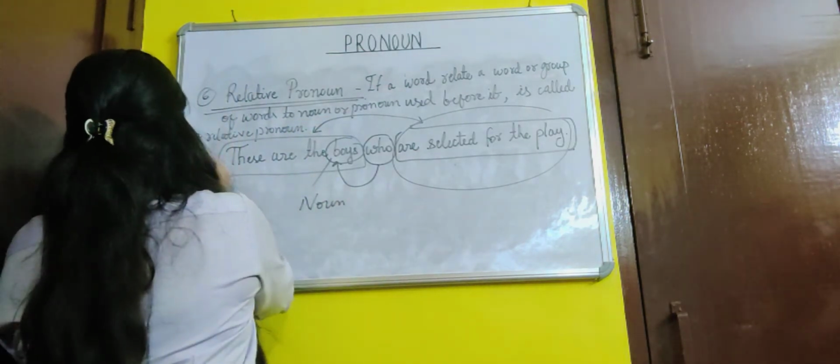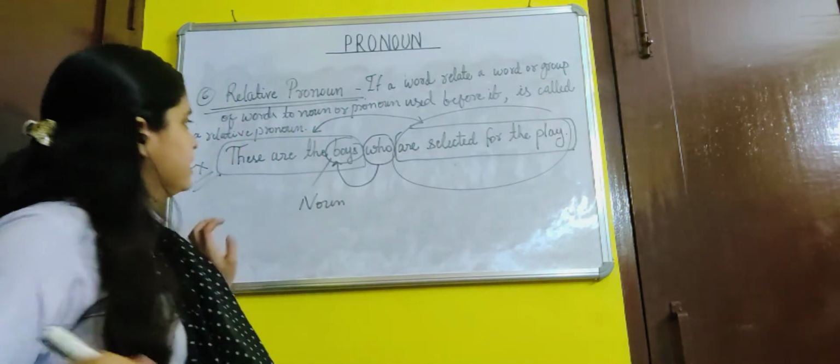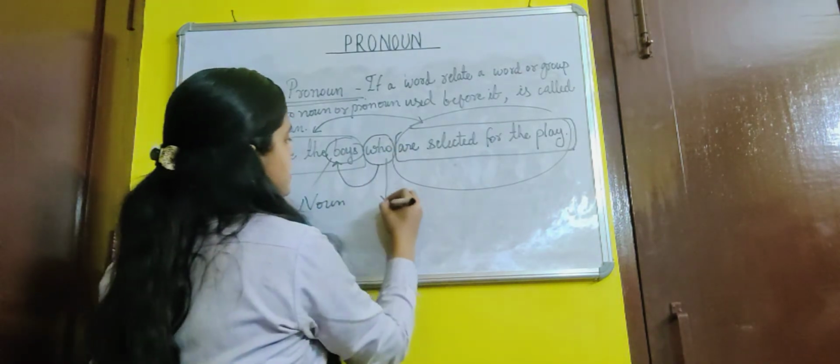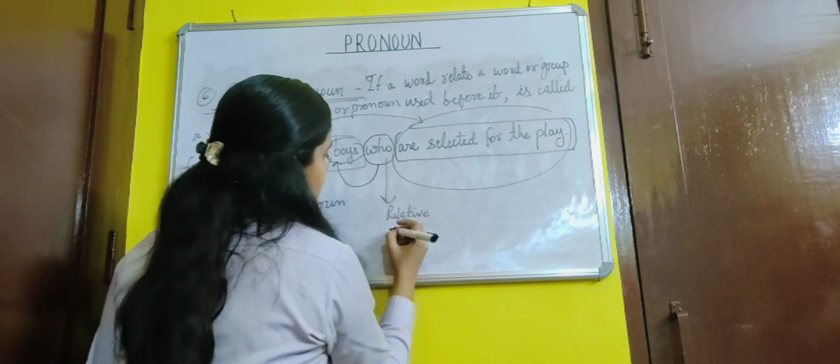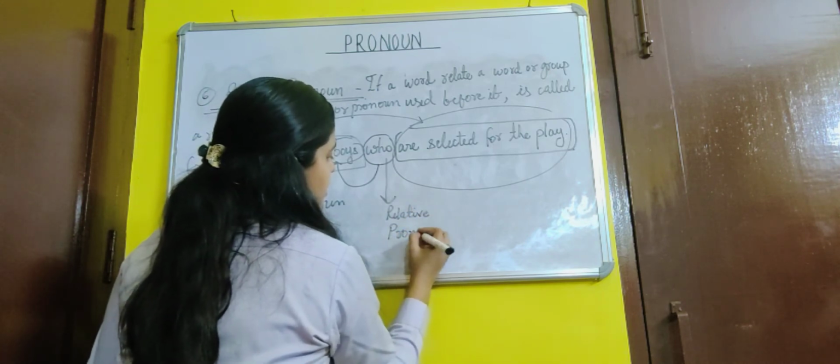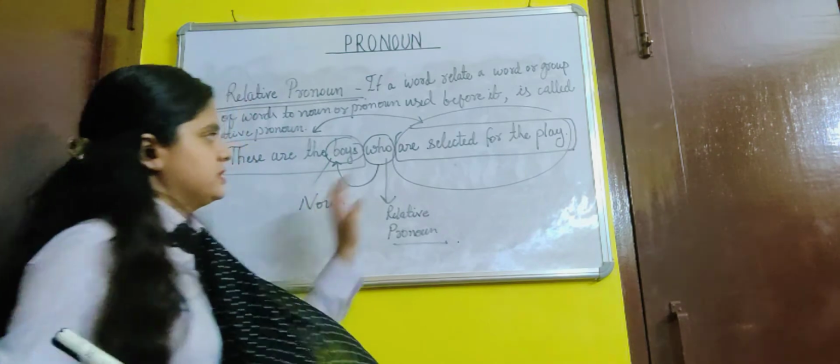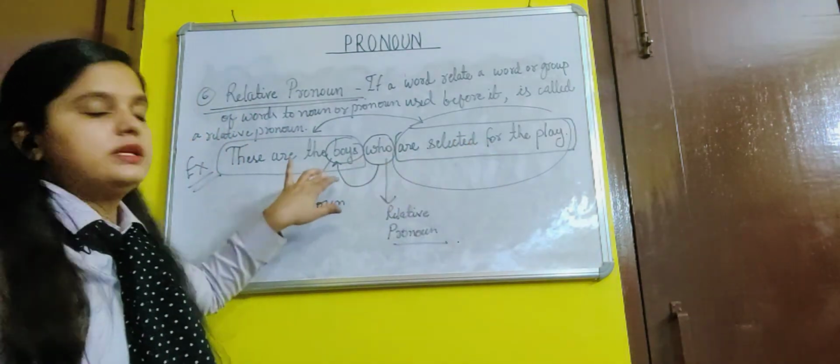Okay, and this is the example of it. Here the word who is a relative pronoun because it is relating this group of words to this noun.